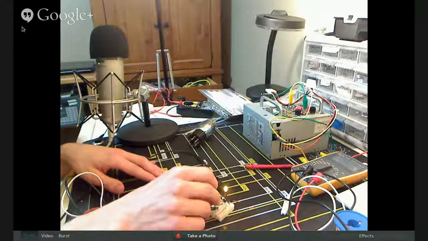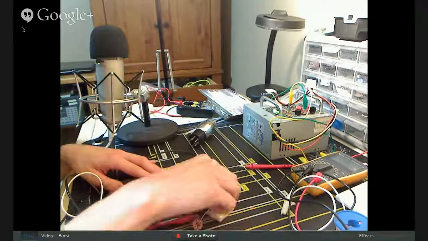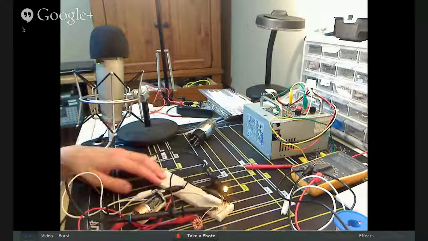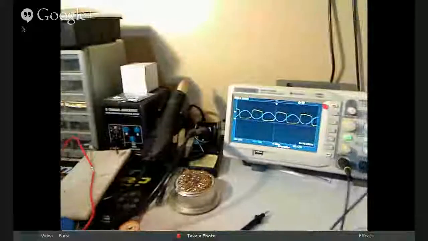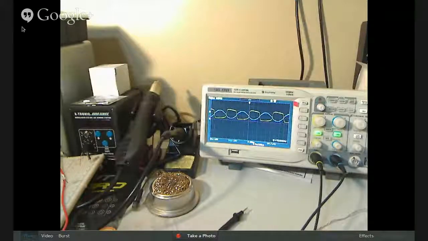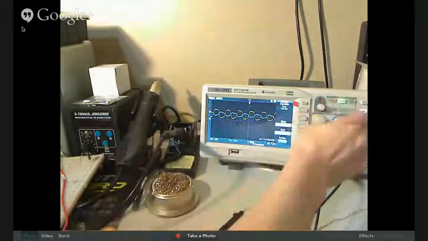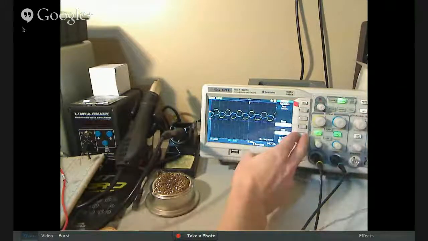Why is that? Go ahead and leave it in the circuit, and we'll see what it did to our waveform over here. You'll notice that the oscillations on the base, this is what it was before, and actually let's go and capture that. Let's see if I remember how to do this.